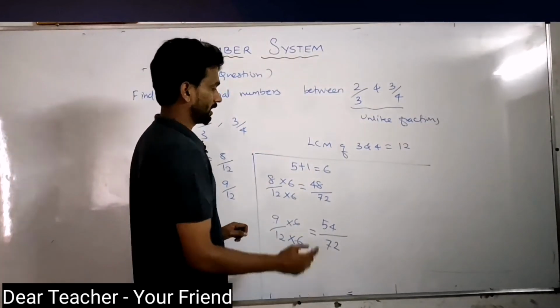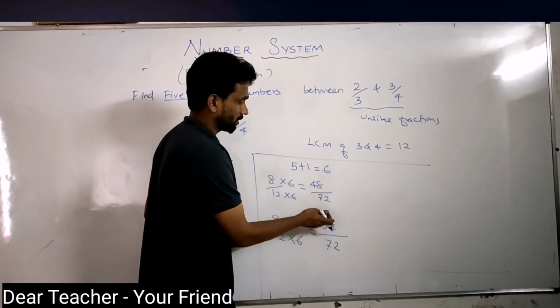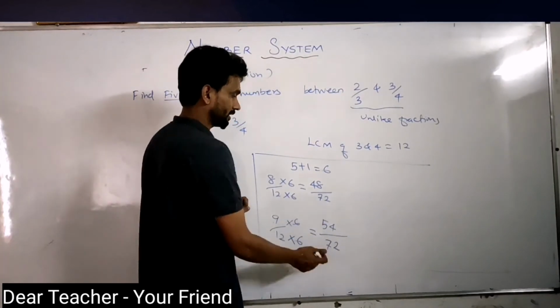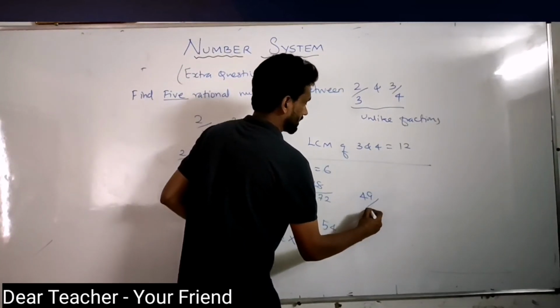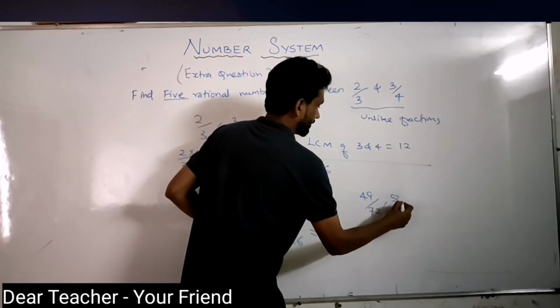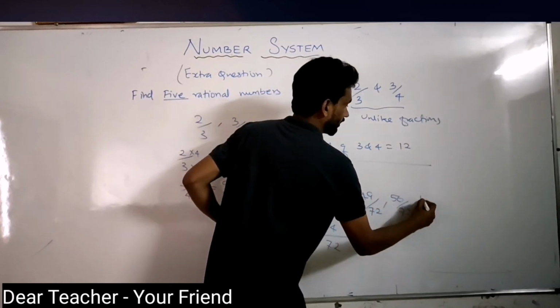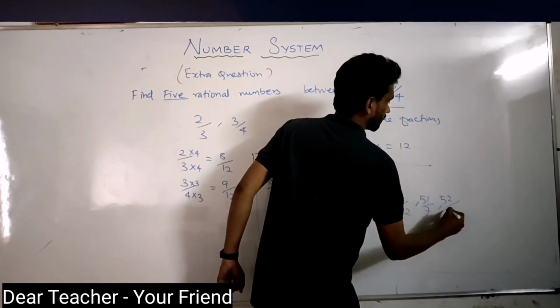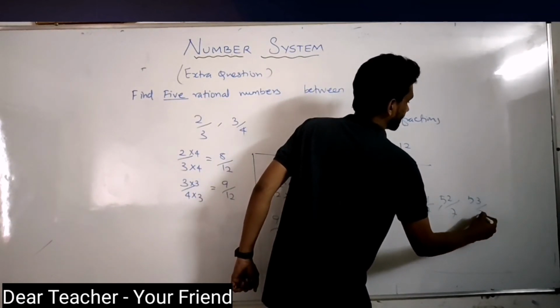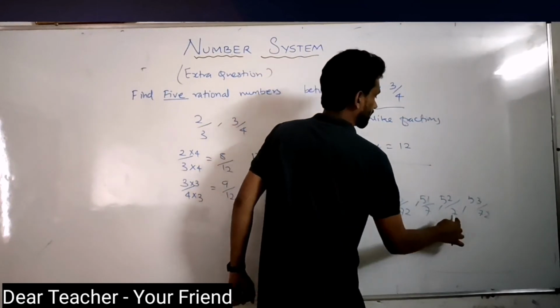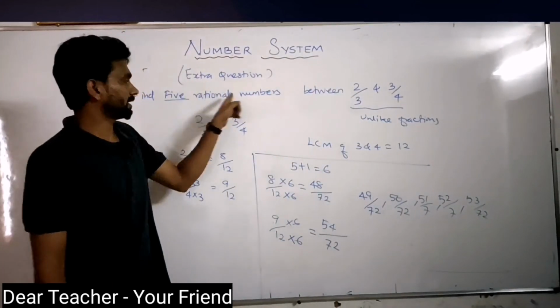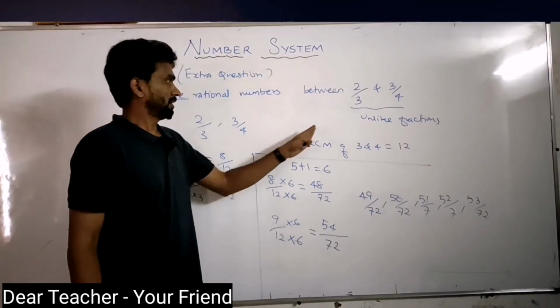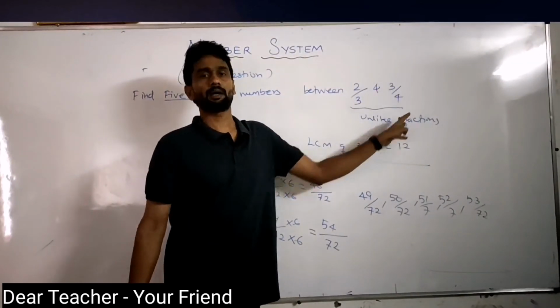Now we can see in between 48 by 72 and 54 by 72 we have 49 by 72, 50 by 72, 51 by 72, 52 by 72, 53 by 72. We have 1, 2, 3, 4, 5 rational numbers in between 2 by 3 and 3 by 4.